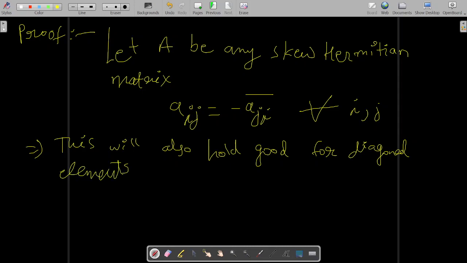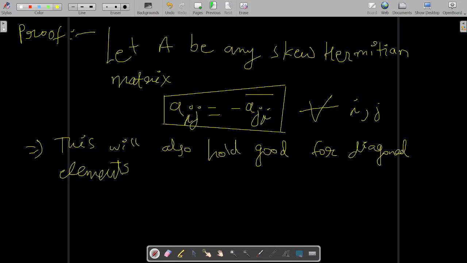This expression which I have written will also hold good for diagonal elements.